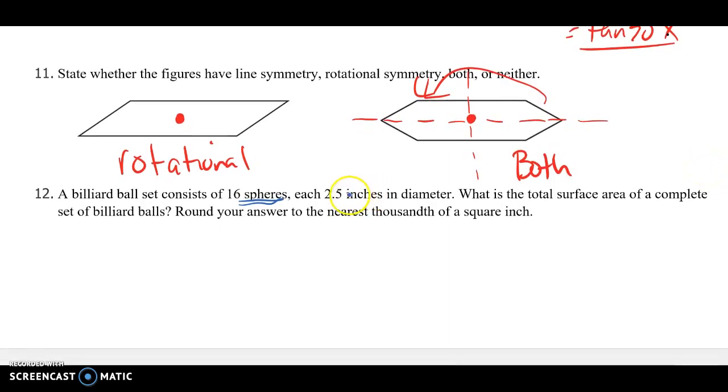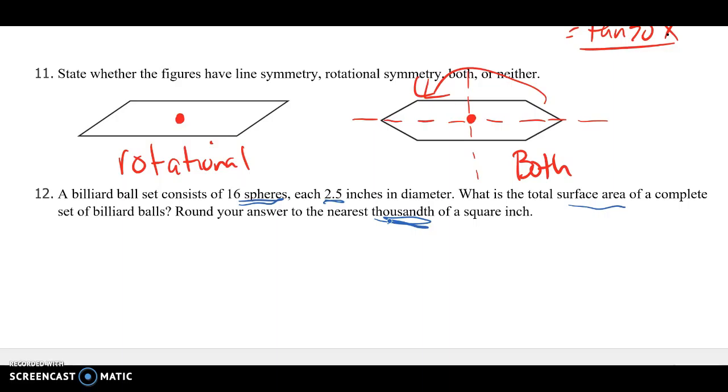What is the total surface area of the complete set of billiard balls? And it says round to the nearest thousandth of a square inch. Thousandth. So it's not the tenth, it's not the hundredth, but the thousandth. It's 3 decimal places. Going to be very exact here.